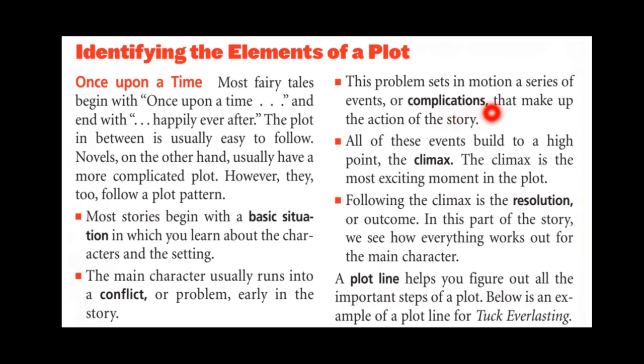There will be problems and the story will get complicated, right? And then there will be the climax, the most important part of the story. Then there will be the resolution, and how the character deals with the conflict and solves the complications. And now we have the end of the story. So let's see the plot line in the next slide.